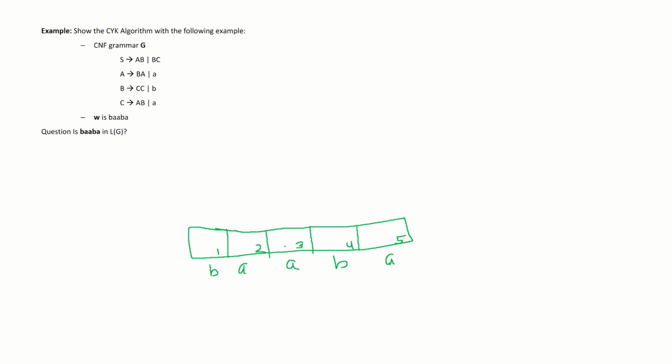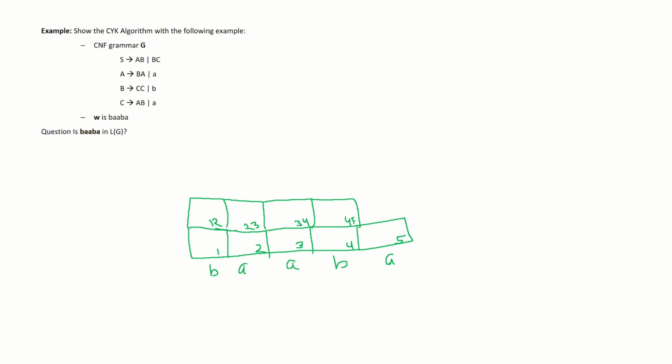Now, in the next step, our substrings will have length 2. The first substring we can get is from position 1 to position 2. So, 1 2, right. After that, we can get the substring from position 2 to 3, then 3 4, and then 4 5.